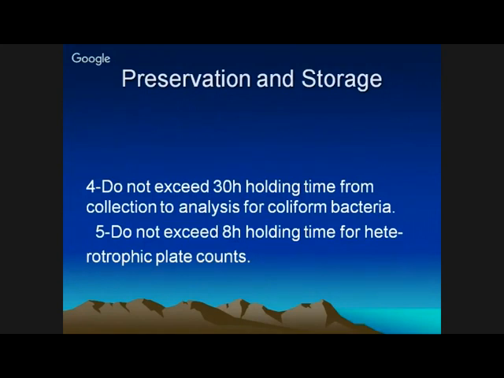Do not exceed 30 hours holding time from collection to analysis for bacterial contamination. Do not exceed 8-hour holding time if the analysis is to be done by the heterotrophic plate count method.